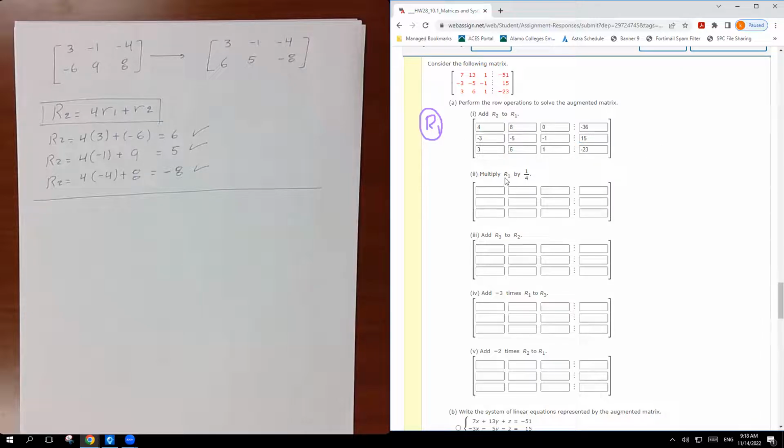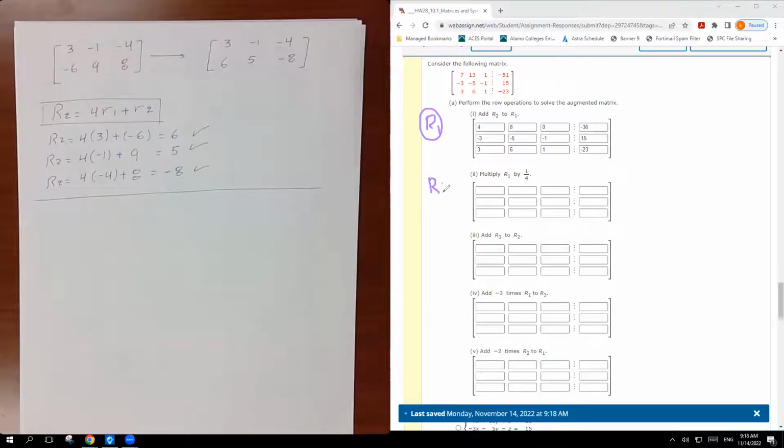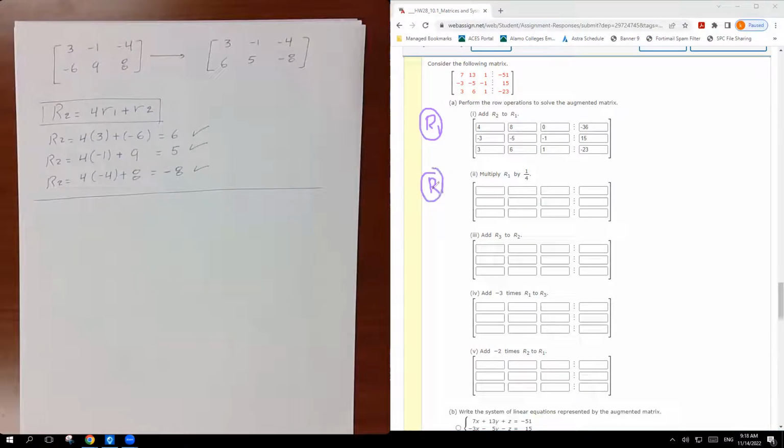Now, what they're telling you is R1 multiplied by 1/4. That means we keep going, working on the same R1. So the change is going to be on this first row. So here's the thing. I'm not going to look here. I'm going to look to the new matrix.